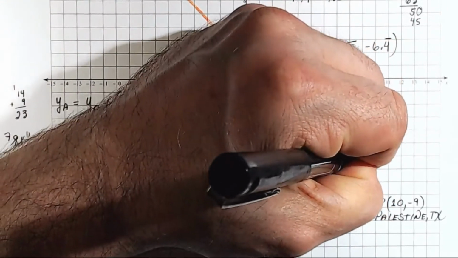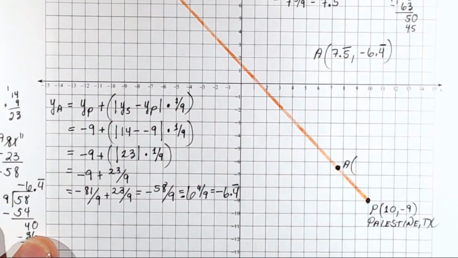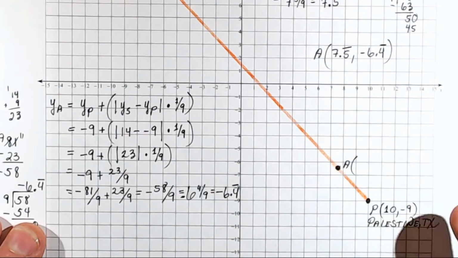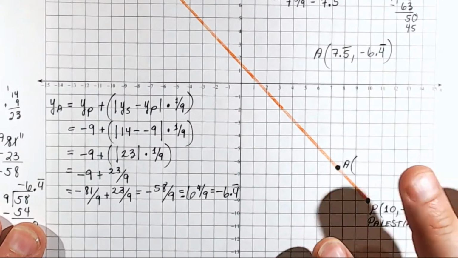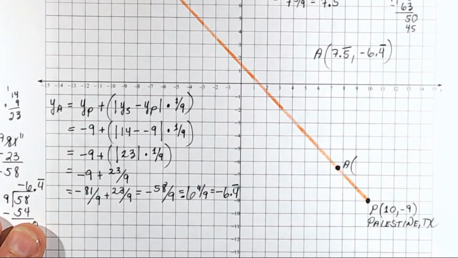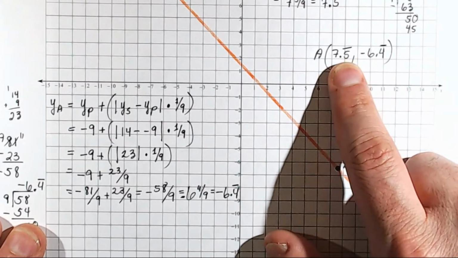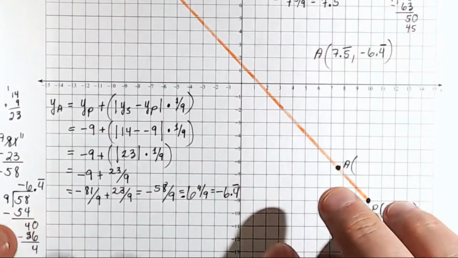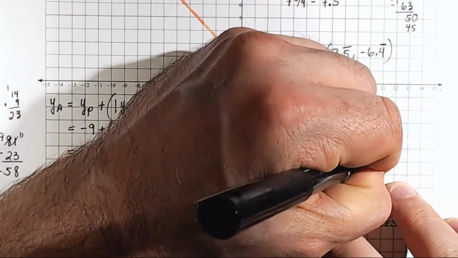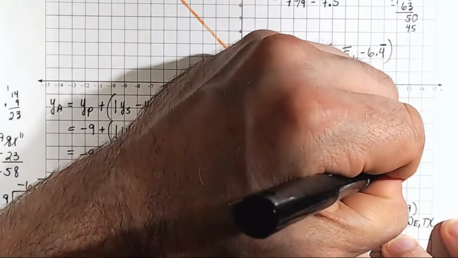So this is A, open parentheses. And I think the best way to do this is to express this, instead of 7.5 repeating, comma, negative 6.4 repeating, in improper fraction form. So point A, the x-coordinate would have been 68 ninths, comma.